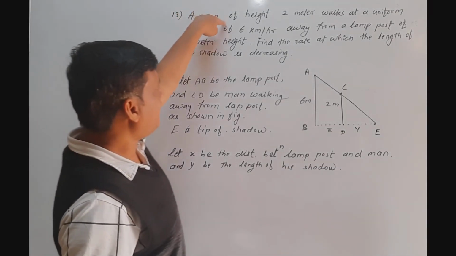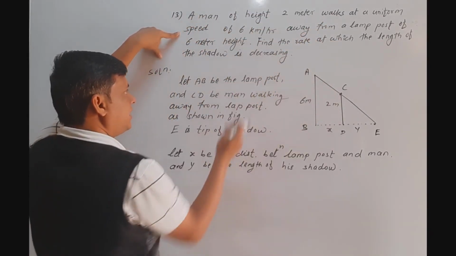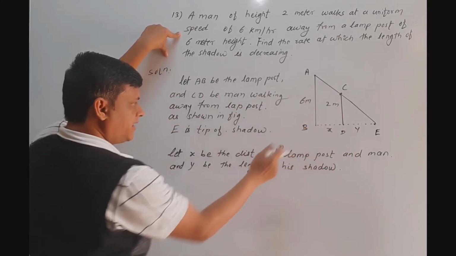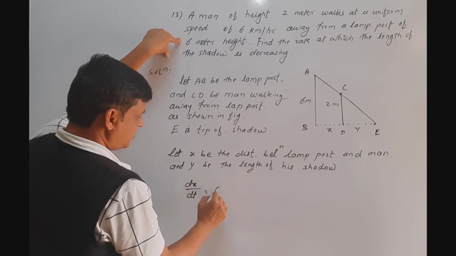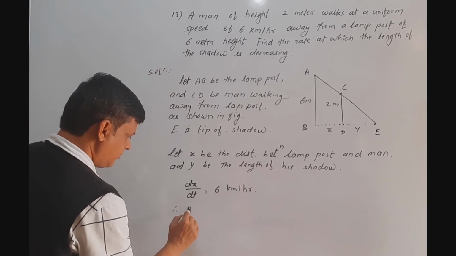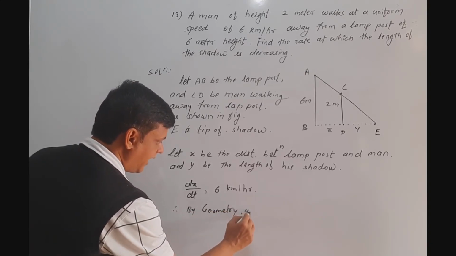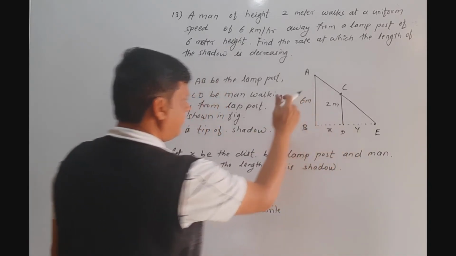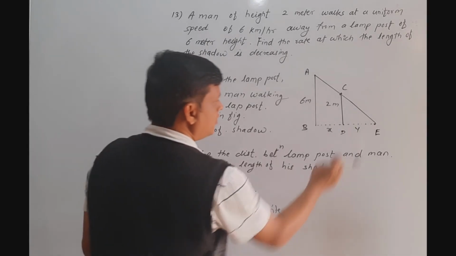Here a man of height 2 meter walks at a uniform speed of 6 km per hour. So according to our geometric representation, we write dx by dt equals 6 km per hour. Therefore by geometry, from this diagram we write (x plus y) upon 6 is equal to y upon 2.